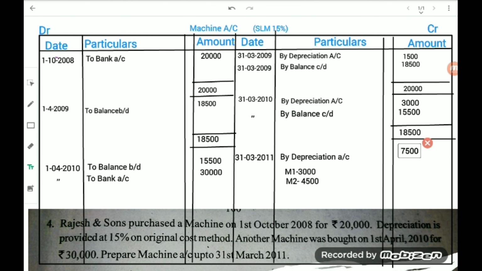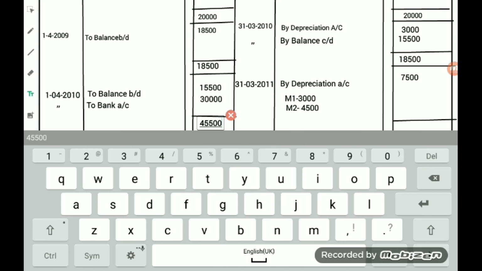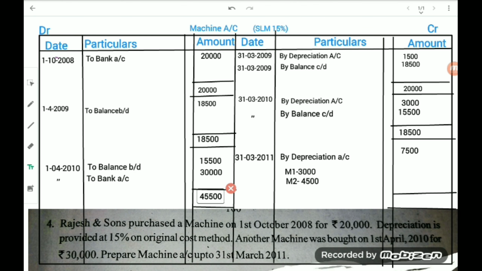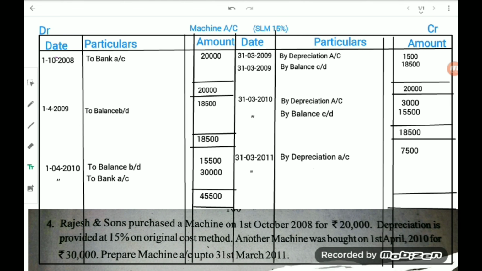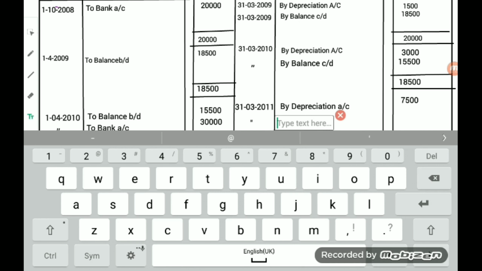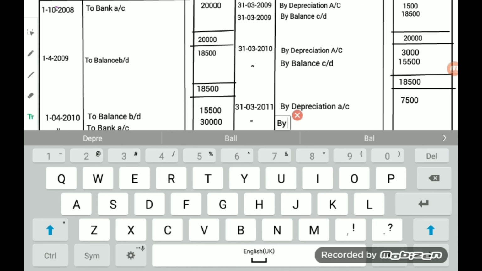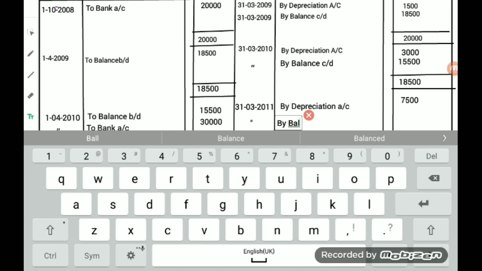Now the balancing figure at the end of the year. First we do the total here. The total is 45,500. And next the balancing figure, by balance carried down.